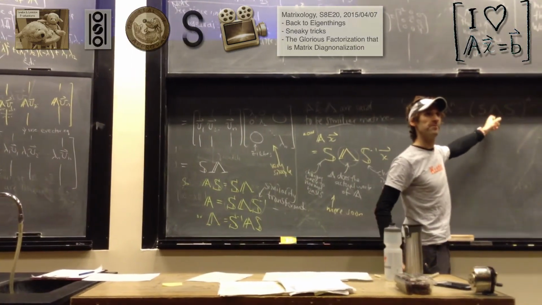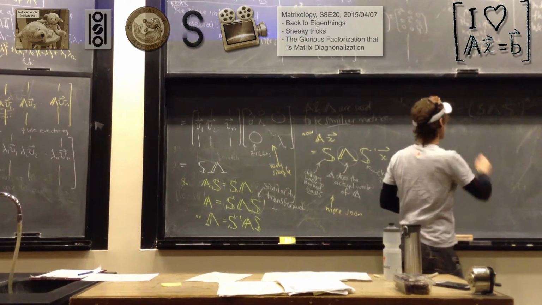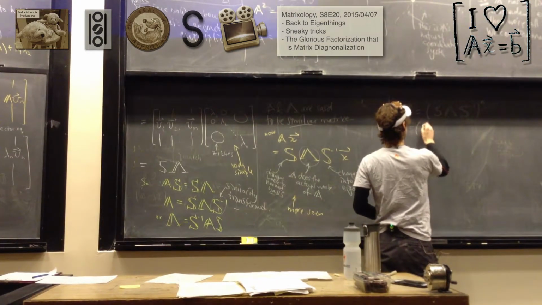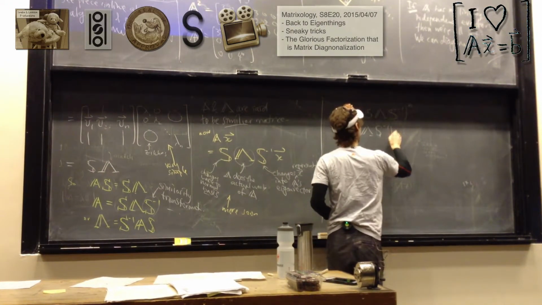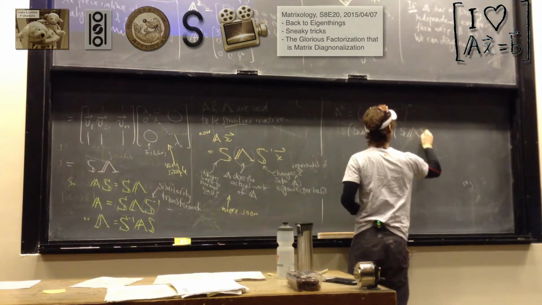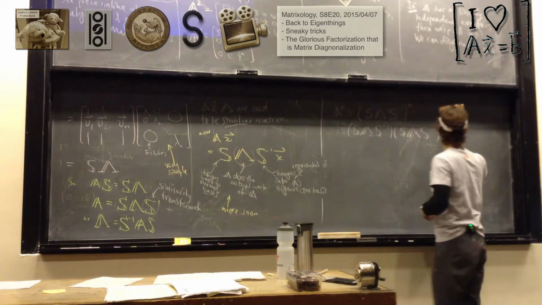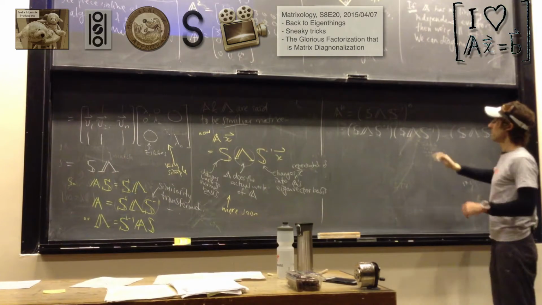So what about this? S lambda S to the minus 1. That's the first one. And then S lambda S to the minus 1, and then S lambda S to the minus 1. There are n of these.